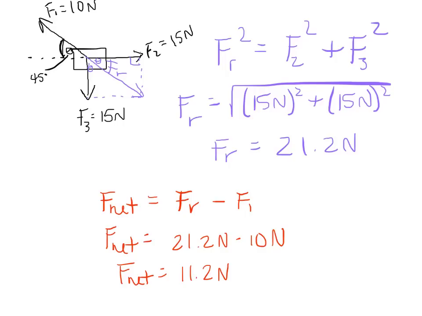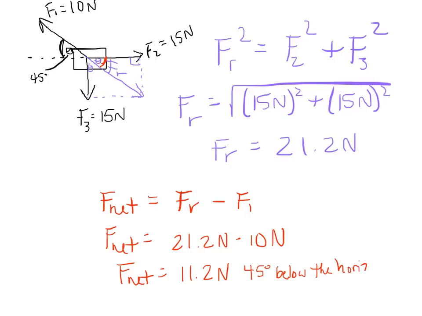Now I know that my F net is going to be acting in the direction that FR was pointing, and I can be very specific about that direction, and so I know this angle right here is 45 degrees, and so what I can do is say that my F net is acting at 11.2 newtons, okay, 45 degrees below the horizontal.